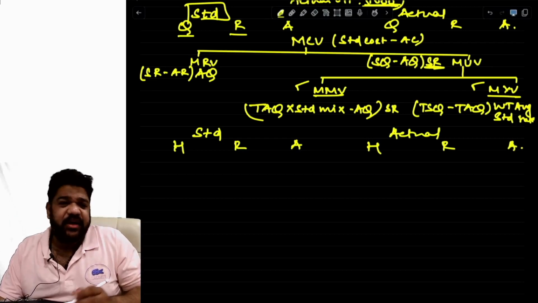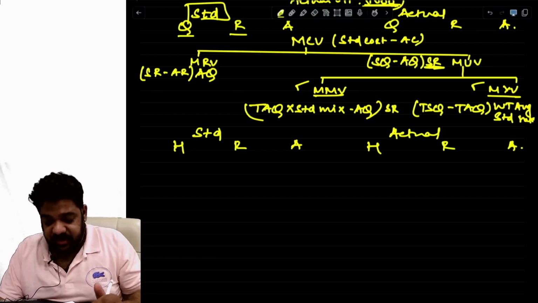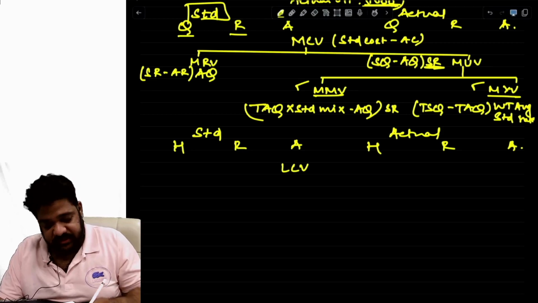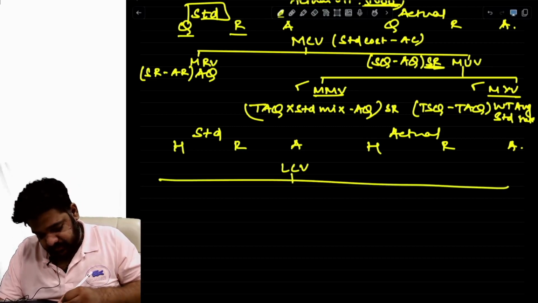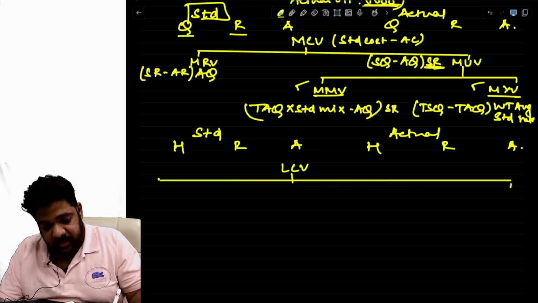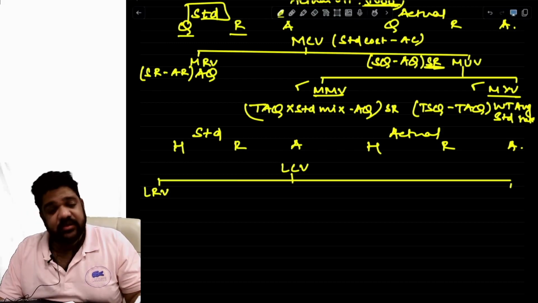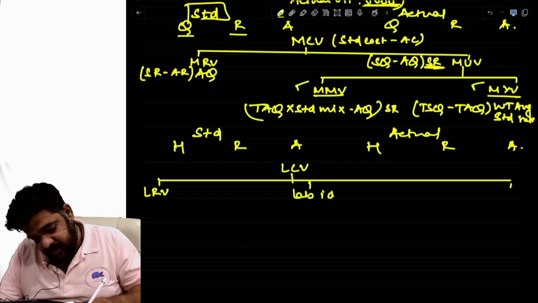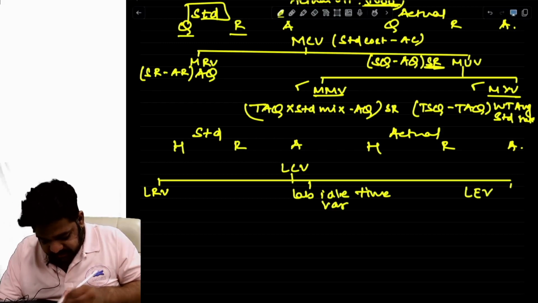Okay. And there is one slight change when it comes to the variances. You have labor cost variance, labor rate variance, then you have labor idle time variance, and then labor efficiency variance.